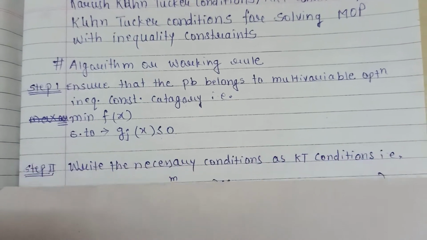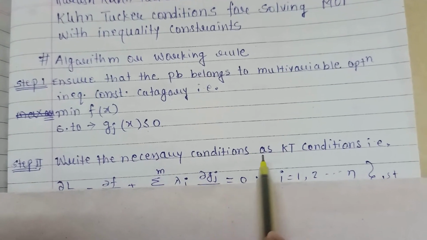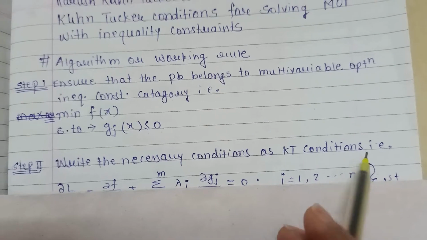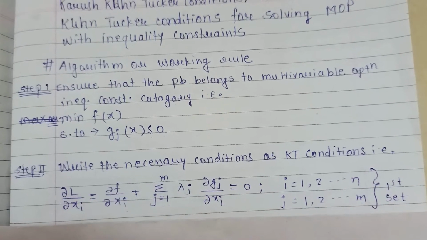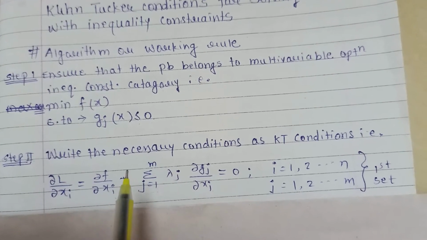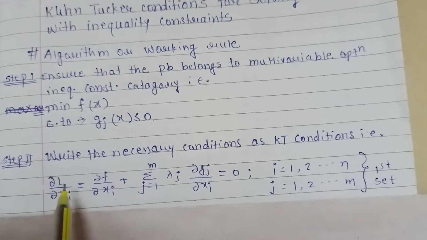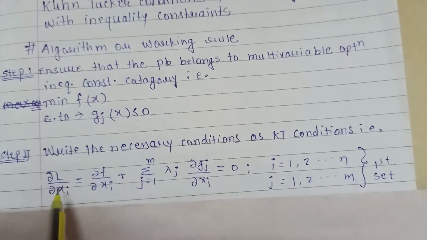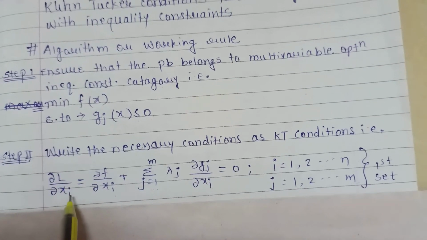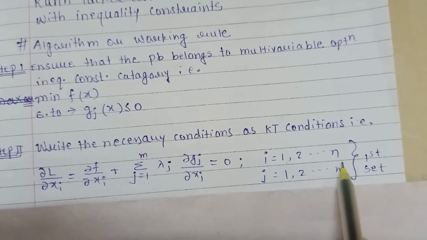Now, in step number 2, we have to write all the necessary conditions as KT conditions. For writing the KT conditions, we first formulate the Lagrange function using the given objective function and constraints. After constructing the Lagrange function, take the partial derivative of L with respect to xi. Here i is varying from 1 to n.